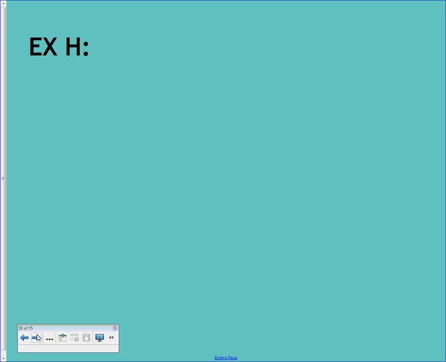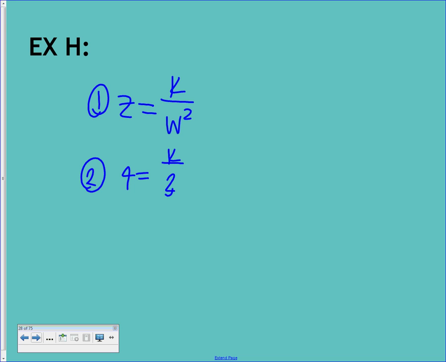Let's try H. Z varies inversely as the square of W. So Z varies inversely, k divided by the square of W, which will be W squared, so W to the second power. Part 2, solving for k, I can plug in 4 for Z and 3 for W, but carrying down my second power here to each one.